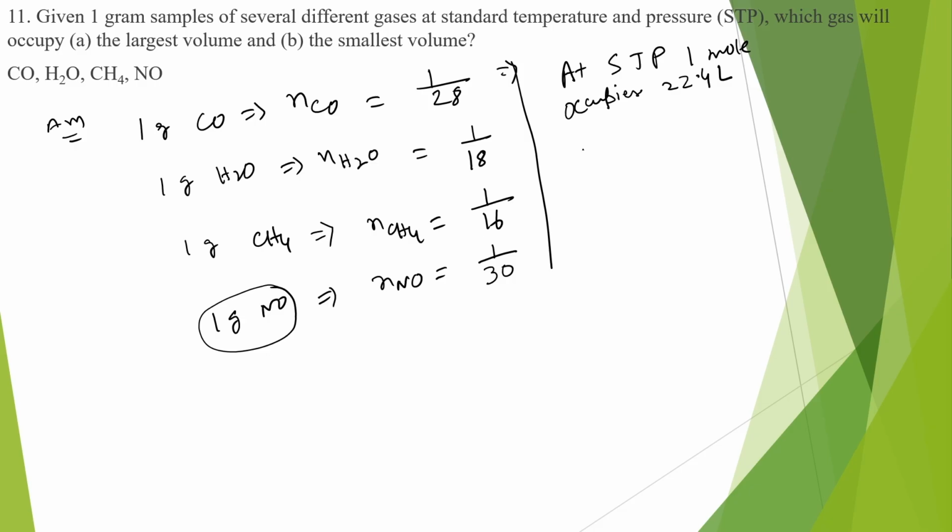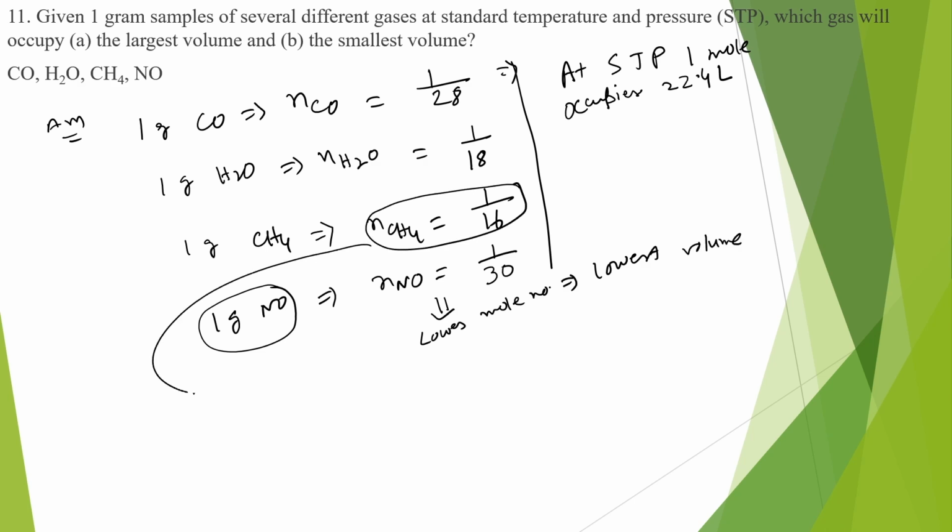So it gives you the lowest volume, and this is the highest mole number among all 4, so it gives you the highest volume. So this is the answer for problem B, this is the answer for problem A.